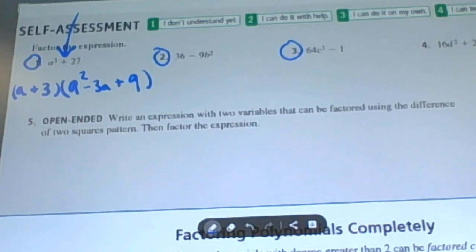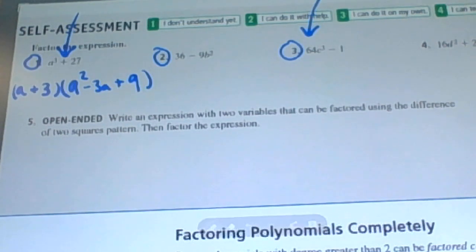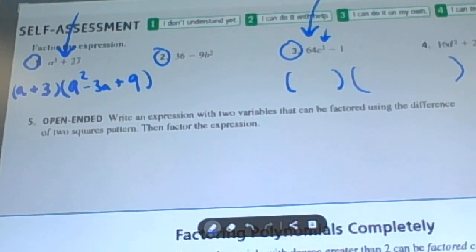I'm going to do number 3 next because it's also 64 and 1, which can square root and cube root. So that's pretty fun. The 3 here means I want to cube root 64, not square root it. The biggest mistake people make is when they see 64, they always think of the number 8. But now you have to know that 64 cube roots to be 4. So I'll do a little parenthesis and a bigger parenthesis, a binomial and a trinomial.